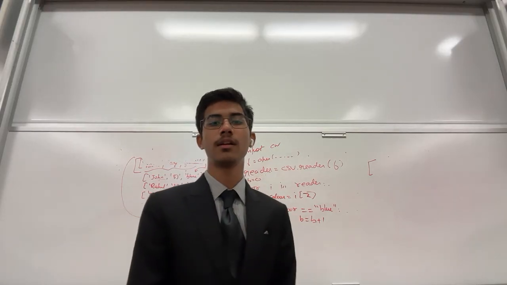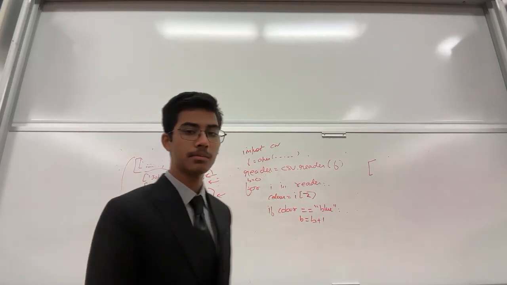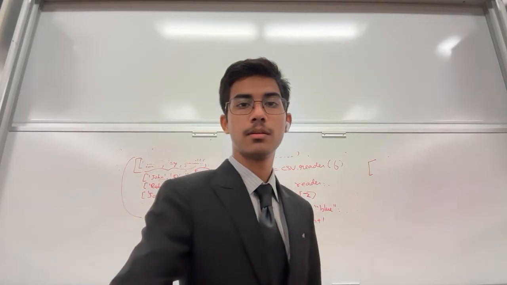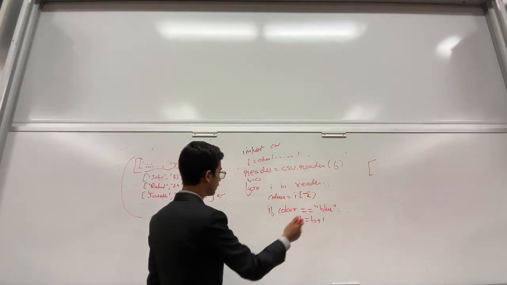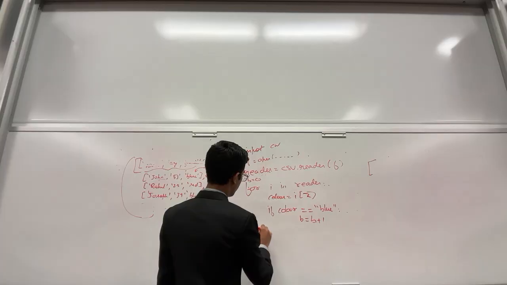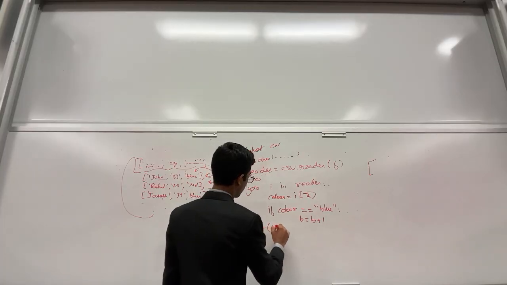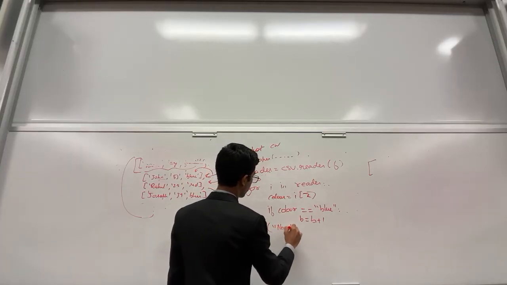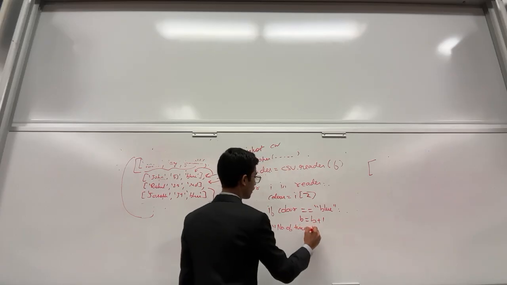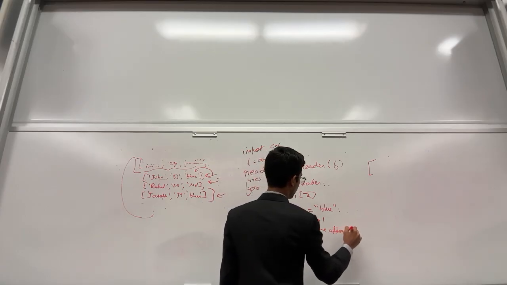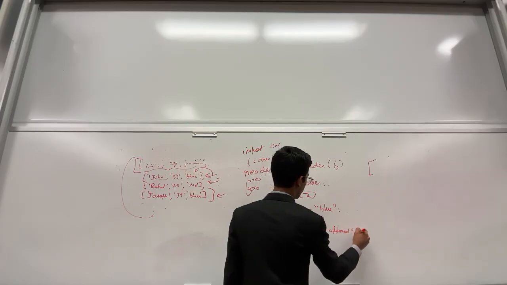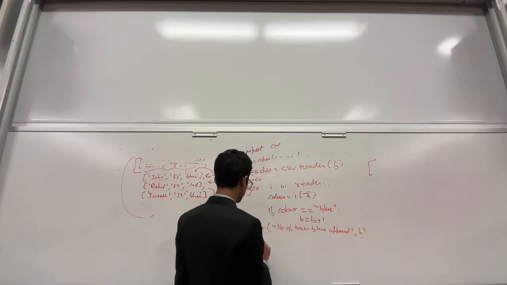If it finds the color blue, then just increment the value of B by 1. And once all that's done, print number of times blue appeared, comma B, f dot close.